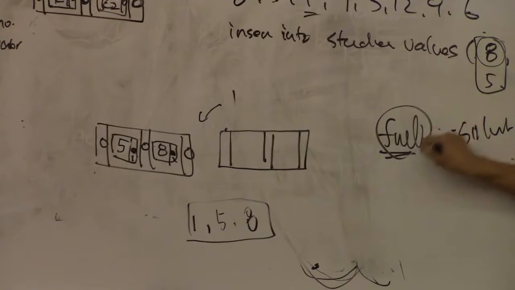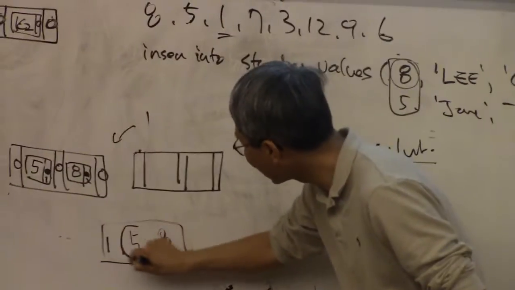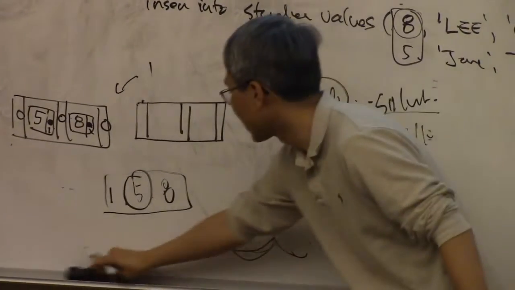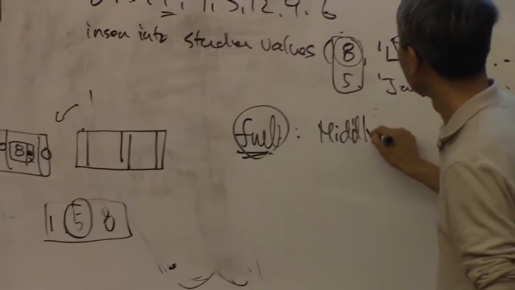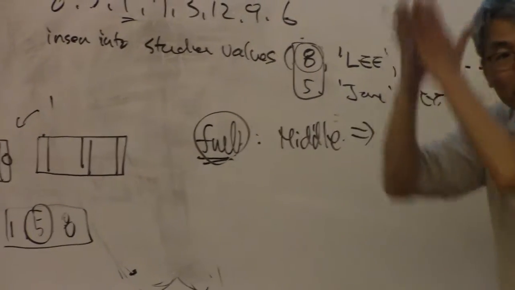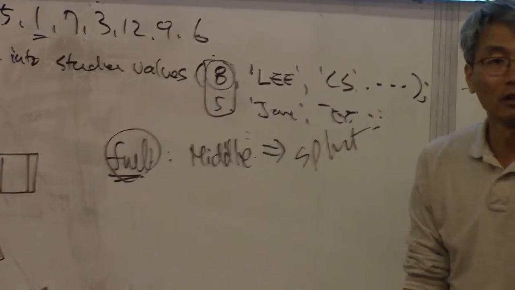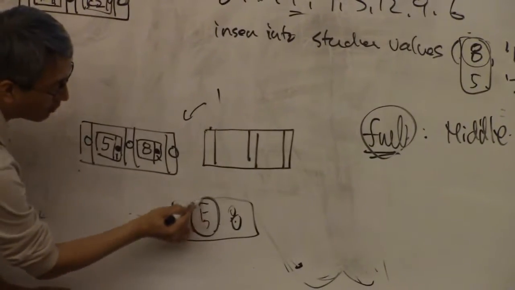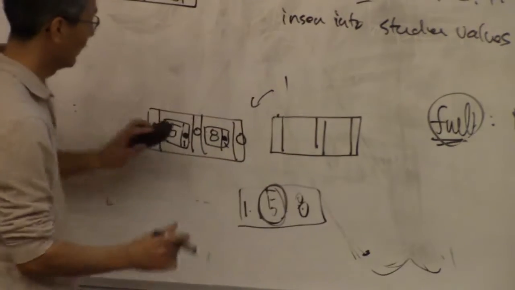First, in case of full, split and find the middle value. I think this one will be better: find the middle value first, then based on the middle value, split. So 1, 5, 8. Which one is the middle value? 5. Then this is important.